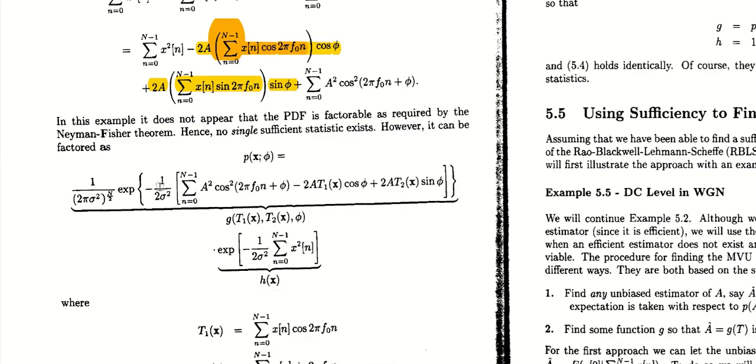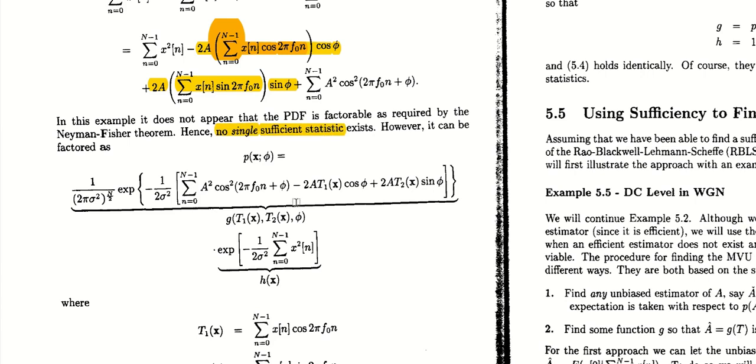Okay, so we have to see that in this example, it does not appear that the PDF is factorable as required by the Neyman-Fisher theorem. So no single sufficient statistic exists.